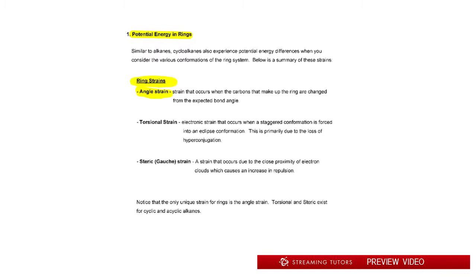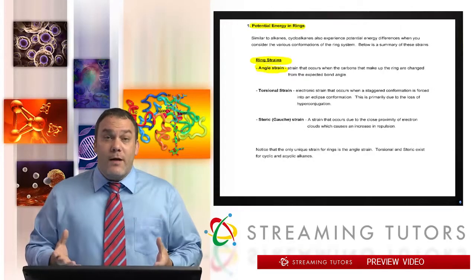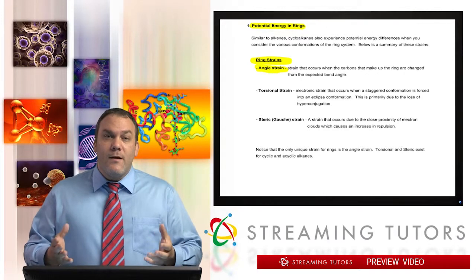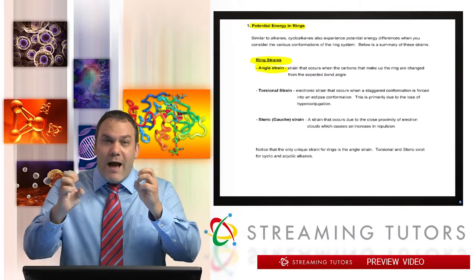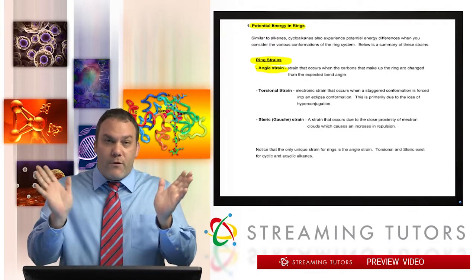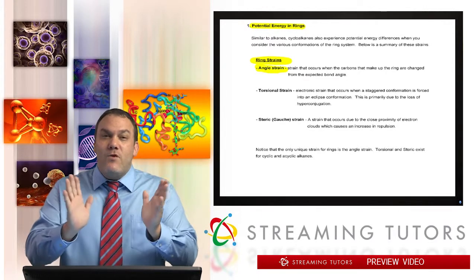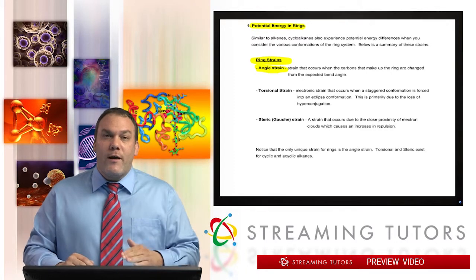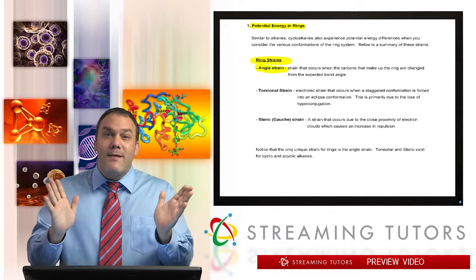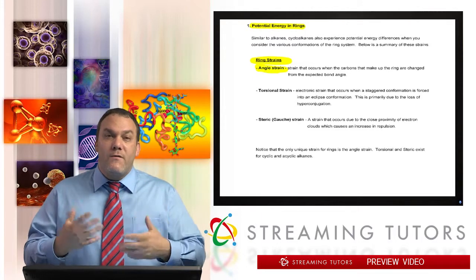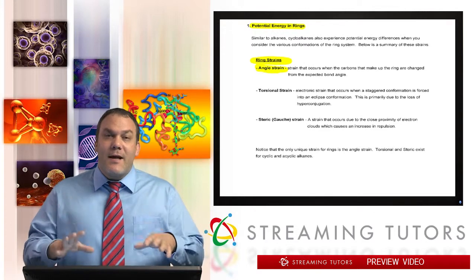So angle strain, think of it this way. If you have a carbon and it's sp3, it wants to be 109.5 degrees, right? If you take the carbon that's got its 109 bond angles and you either reduce it, make it less than 109, or expand it, make it more than 109, then that's changing the configuration of the orbitals, and it's not ideal.